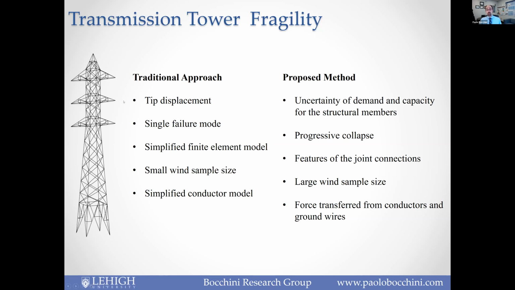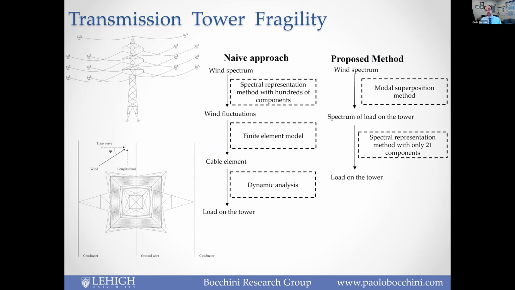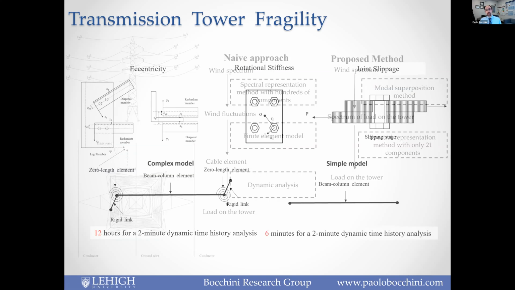We had to change the way in which we were modeling the interaction between the towers and the cables, because a naive approach would require the simulation of a random field with hundreds of components, which is infeasible in this type of case. So we instead found a way to reduce everything to a random field with 21 components and validate it and show that it's extremely accurate.